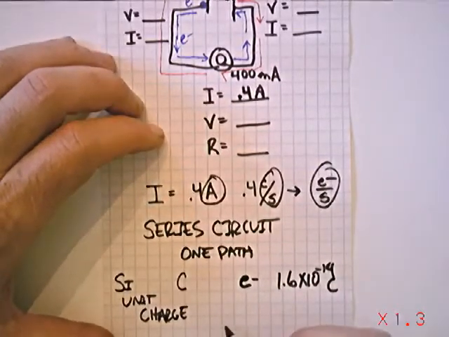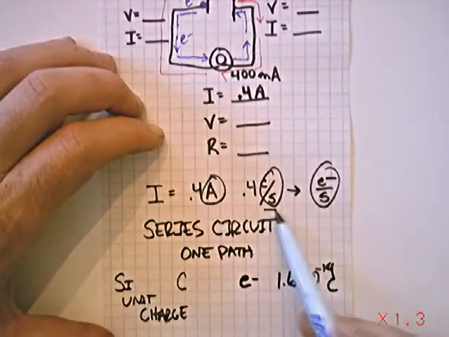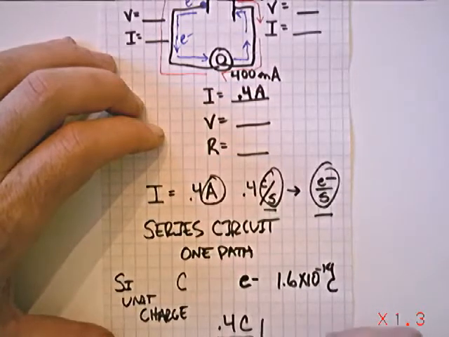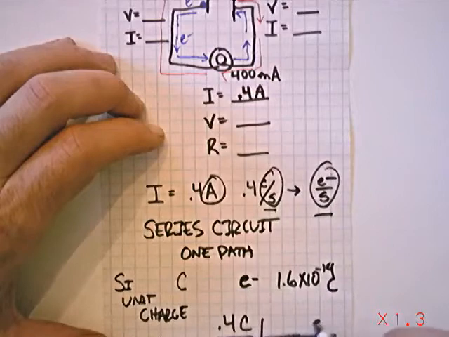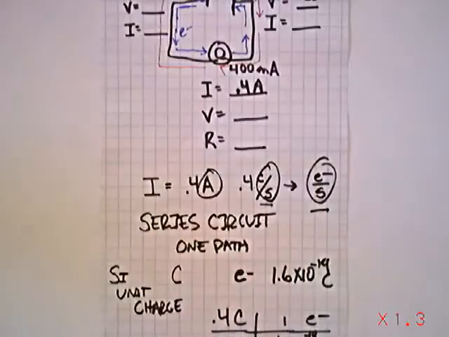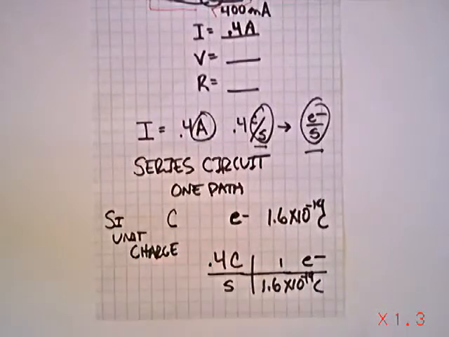We can actually do some dimensional analysis and convert from this to this pretty easily. So if I say 0.4 coulombs per second, and then I use this relationship that I just told you, 1.6 times 10 to the negative 19 coulombs are 1 electron, if we divide this, it will tell me how many electrons pass through this circuit every second.